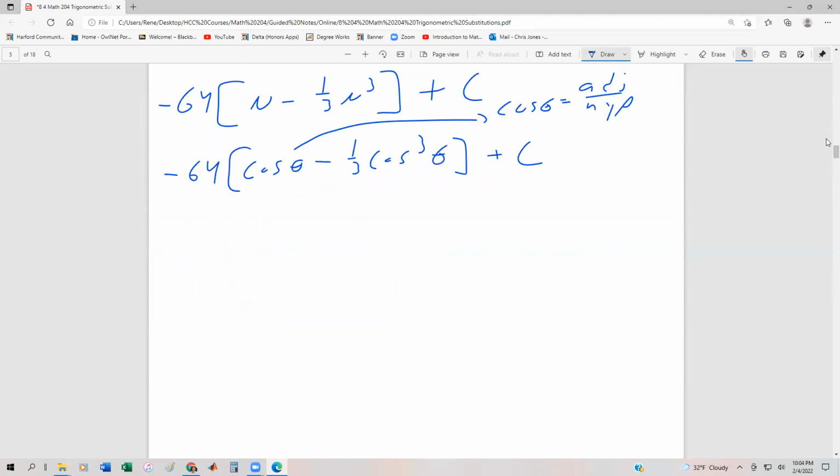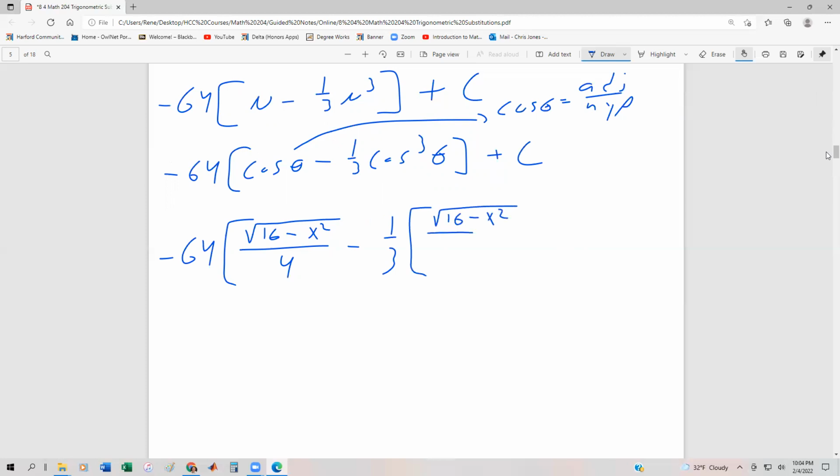And so we get negative 64 times the quantity of adjacent over hypotenuse, so square root of 16 minus x squared over 4, minus 1/3. And we have to be careful because it's going to be cubed: the square root of 16 minus x squared over 4, cubed, plus c. So this whole cosine is going to be cubed.